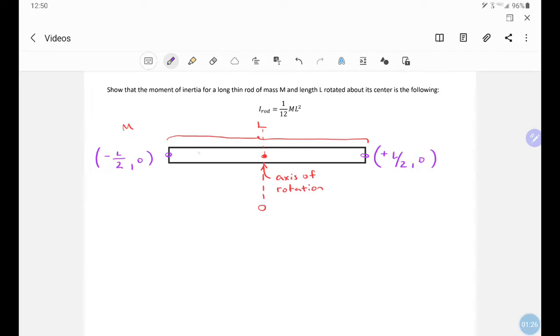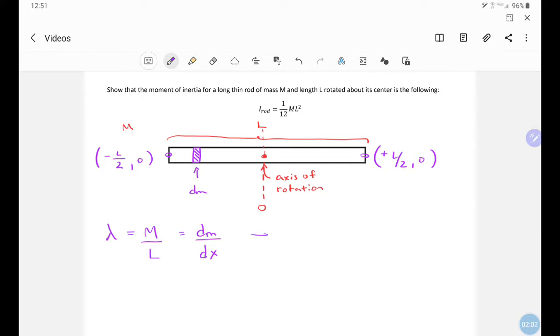Now, we have a small piece of mass, dm, and I know that this rod has a constant linear density, and that linear density is lambda, which is the same as mass per length, or dm over dx.